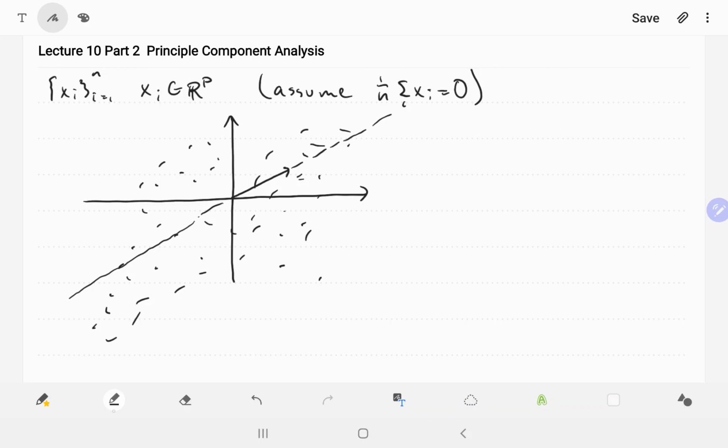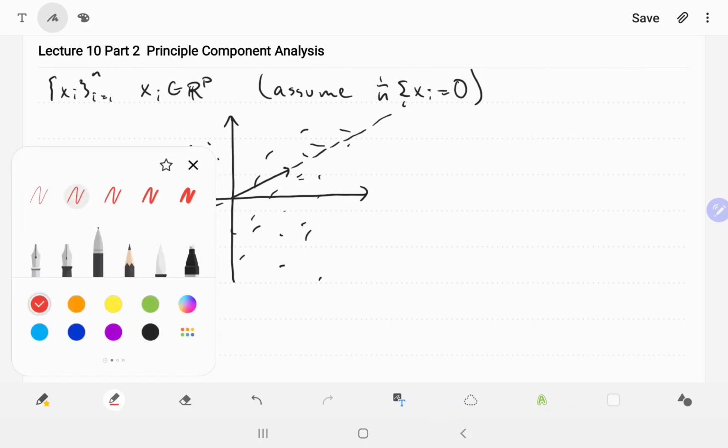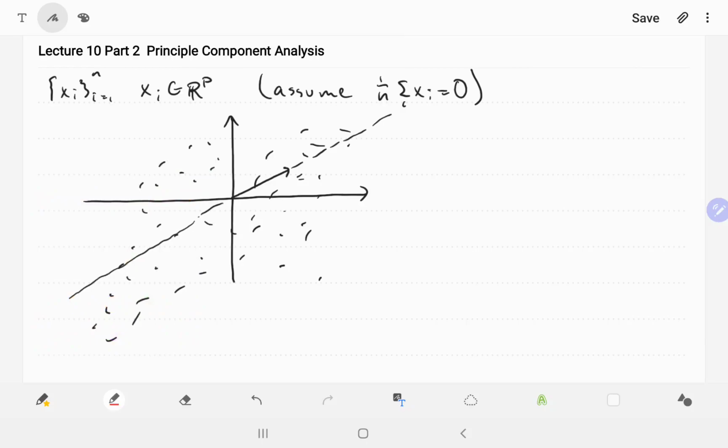If we are projecting the data onto this subspace, that means we take each data point and bring it to the closest vector that is on this subspace.